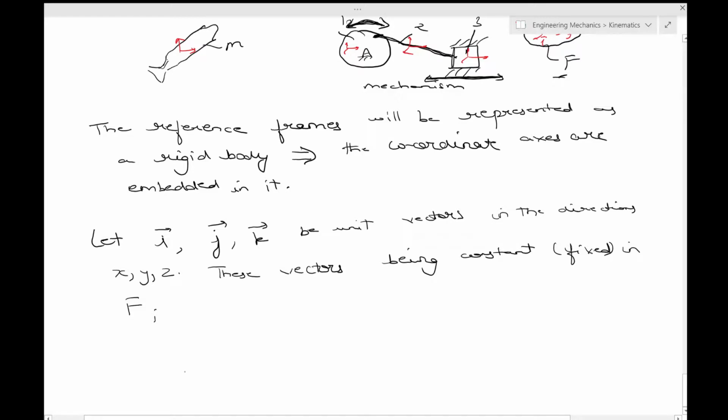Let me just draw that over here, nicely. So this is the frame F, and you have j, k, and you have the i.